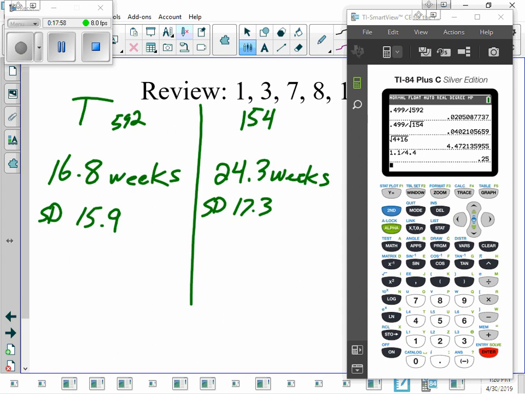Well, let's run the numbers because, well, what do you think? Do you think that's statistically significant? It's quite a bit. So I would say yes, those SDs are both pretty high. So we're going to have to run it to see. So I'm going to take 15.9 and divide it by the square root of 592.